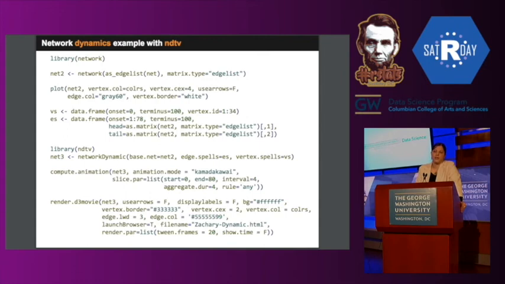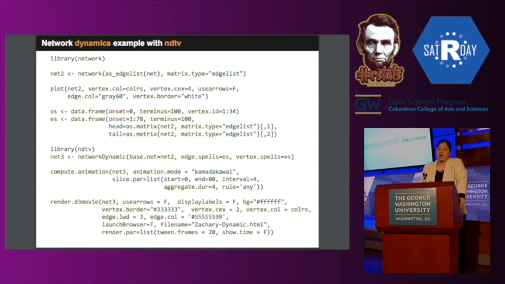In the StatNet universe, instead of start and end for each edge and node, they've decided the parameter names they want to use are onset and terminus, because it sounds more sophisticated, I guess. That's what they're called, but it's the same kind of idea. So what we're doing here is just faking some dynamics in our Zachary club data.